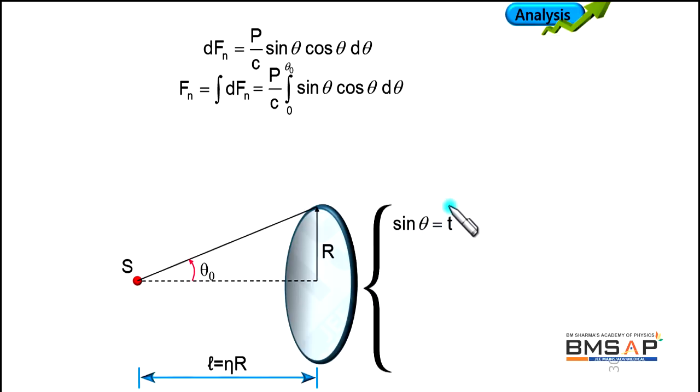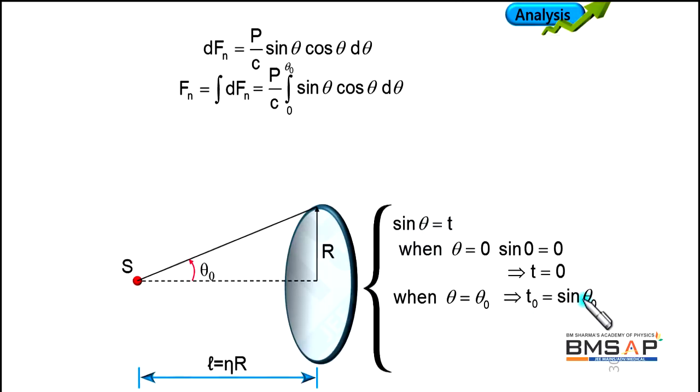And here let us set the limit. If theta equal to 0, t equal to 0, right? Lower limit of t is equal to 0. If theta equal to theta naught, we can write the maximum value of t equal to t naught. So t naught equal to sin theta naught.